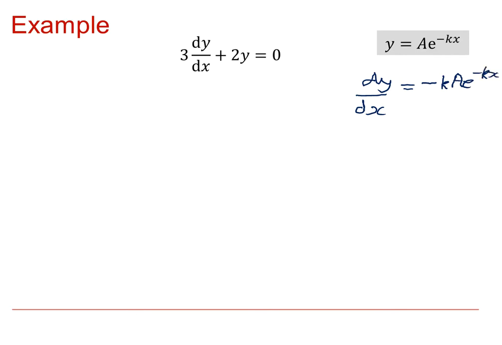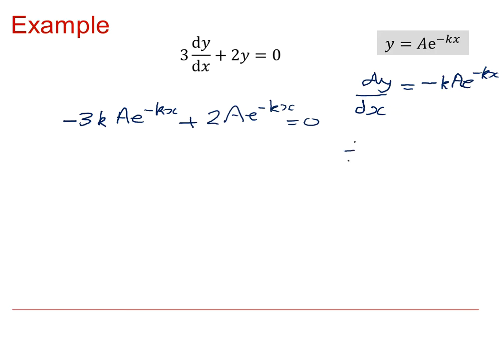Let's substitute these into the equation. It would give us minus 3k a e to the minus kx plus 2 times a e to the minus kx equal to 0.